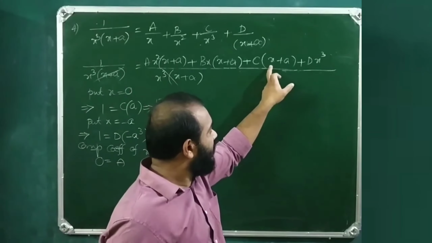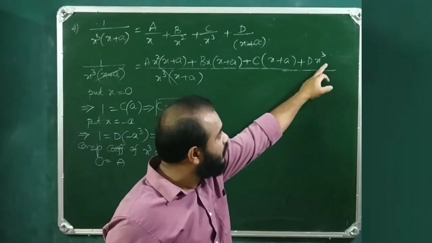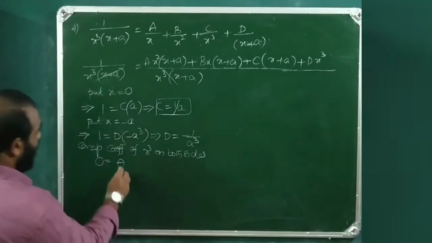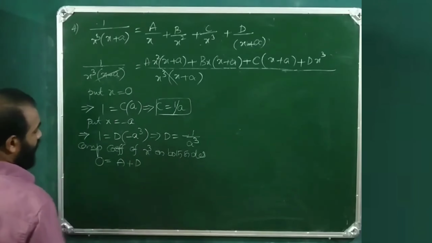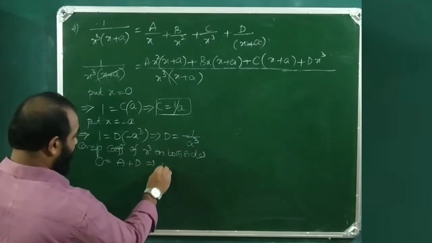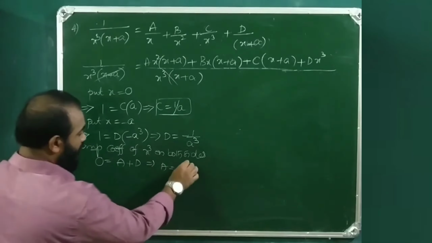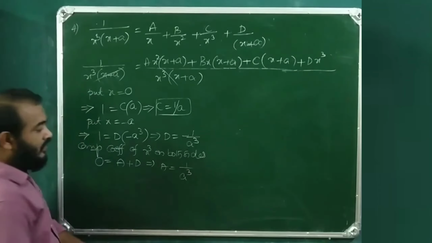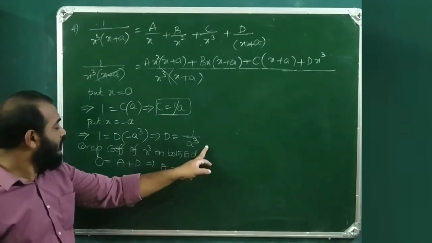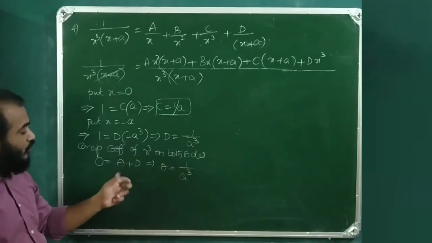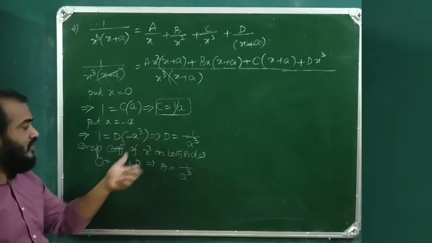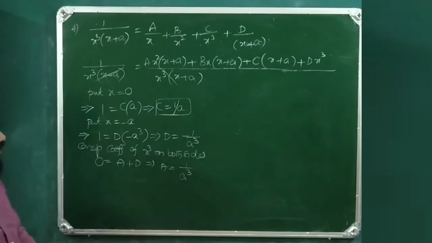So here also x coefficient and constant. Here the x cube coefficient is d. So a plus d. So from this a is equal to 1 by a cube because d is minus 1 by a cube. So a is equal to minus d. Minus of minus is 1 by a cube.